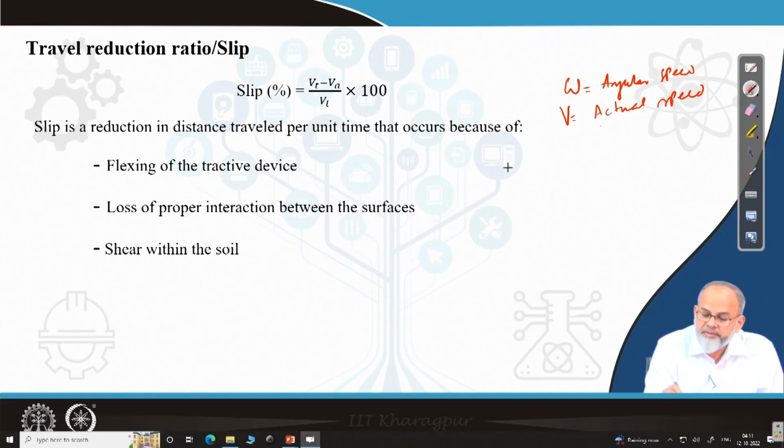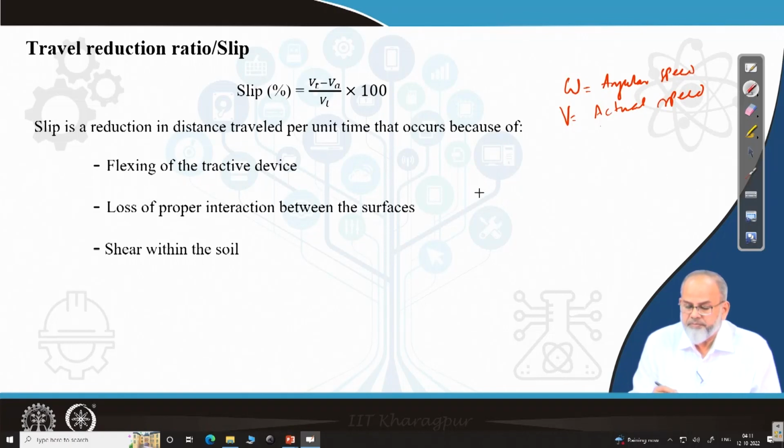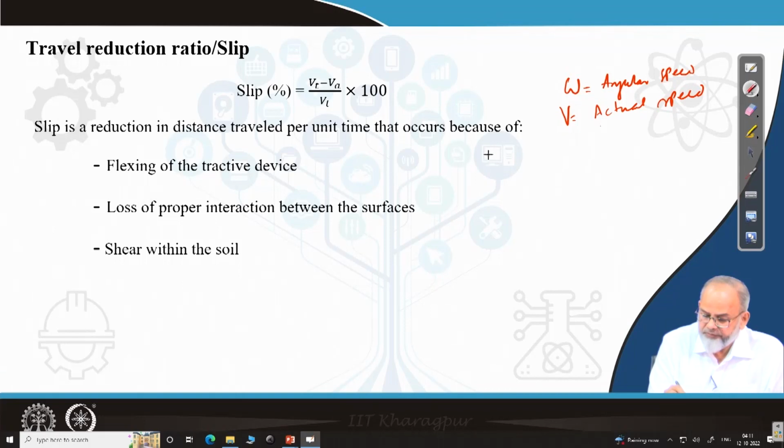In 1 second, the distance covered will be 2 pi by omega into V. When there is load and when there is no load, these two will be different.